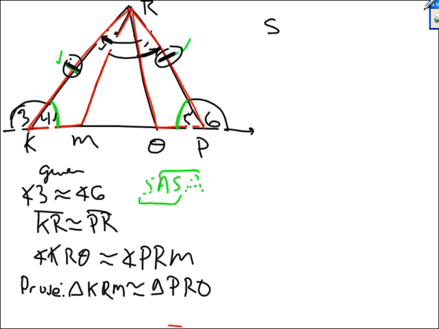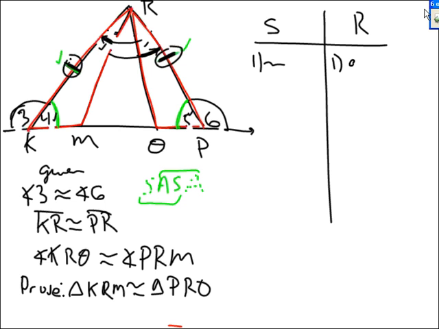Okay, so statement, reasons, ASA. So 1 is everything that we were given, and the reason is it was given. Now I'm going to say that angle 4 is congruent to angle 6.